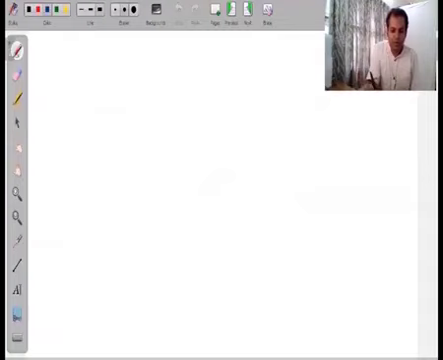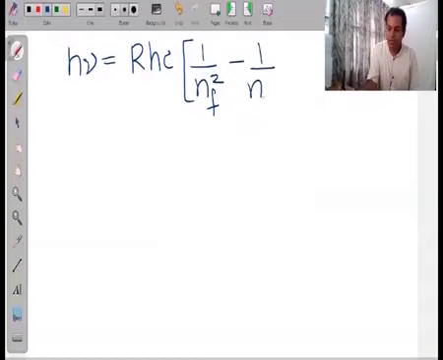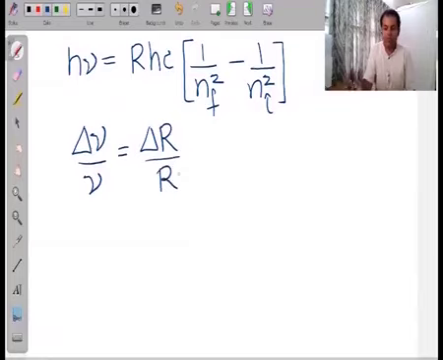Your h nu is R times hc times (1 upon n final squared minus 1 upon n initial squared), and your delta nu by nu will be delta R by R, because the other quantities will be constants.